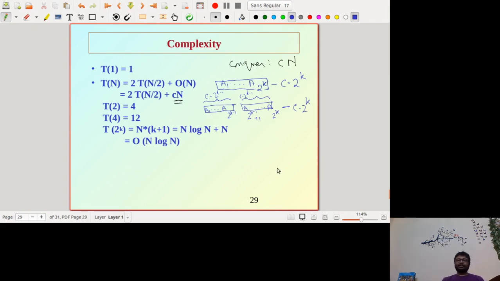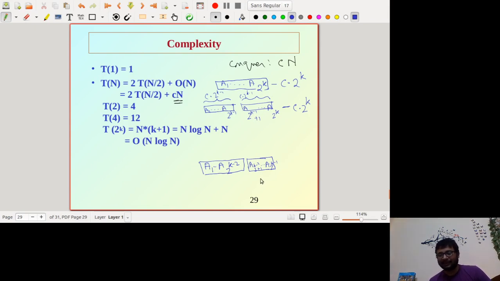Let's do one more step. Let me write it here. So here you will again recursively run your function on two subarrays, A1 to A of 2 power K minus 2, and then here A 2 power K minus 2 plus 1 to A 2 power K minus 1, and then in this array also you will recursively run your program.